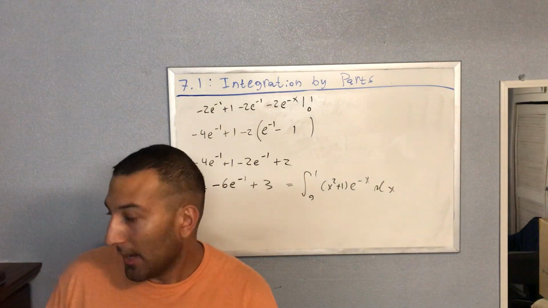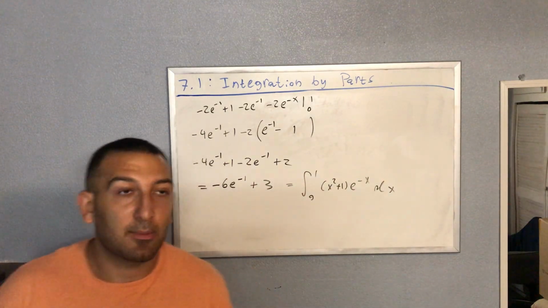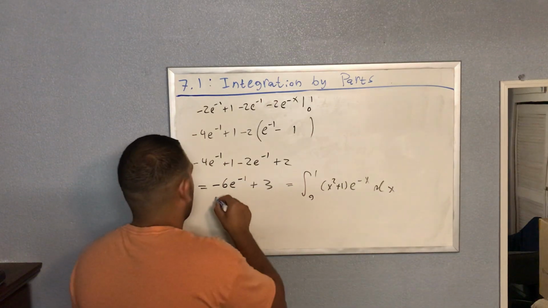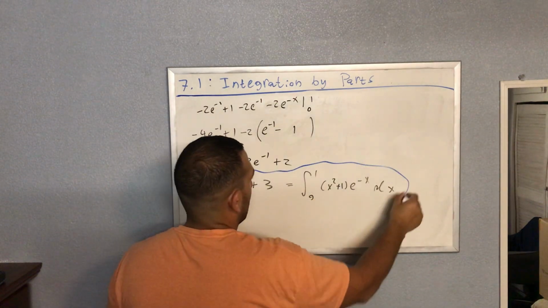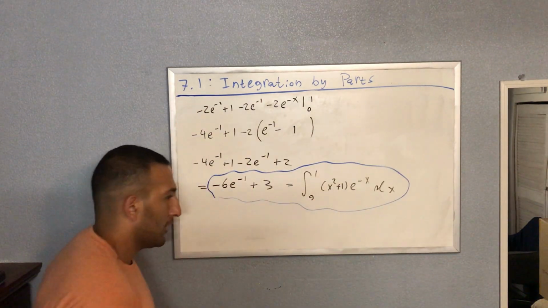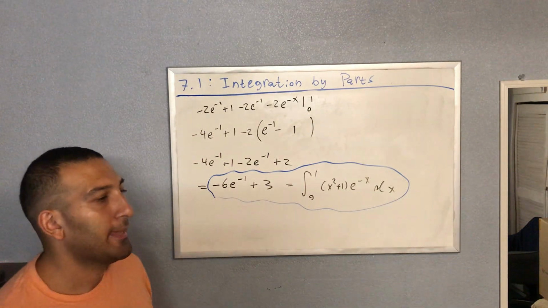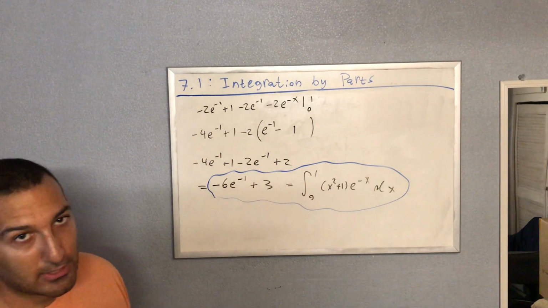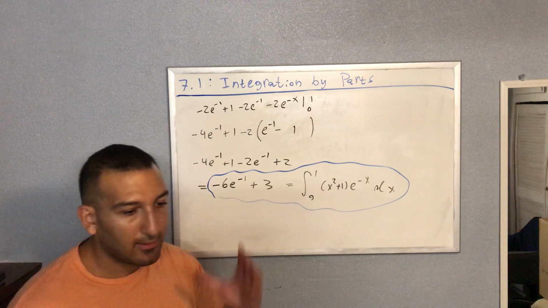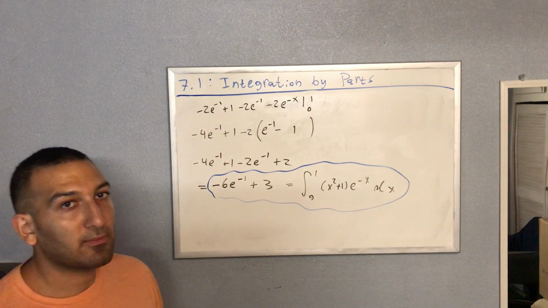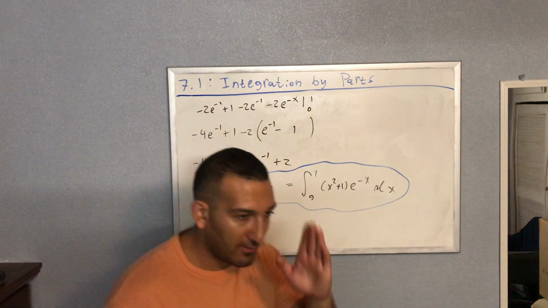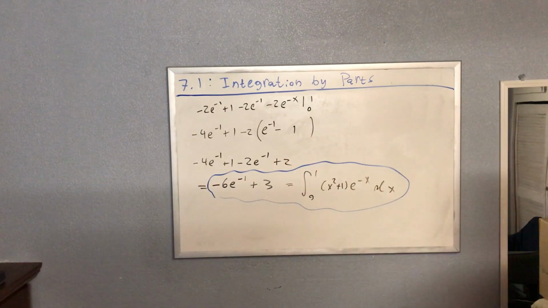Okay, so there's a lot of steps there, but hopefully it makes sense, and of course you can feel free to ask me in class, but hopefully at least the idea makes sense. How we used integration by parts twice, and because of that we had to do that evaluation formula twice. We evaluate from 0 to 1 and stuff like that.